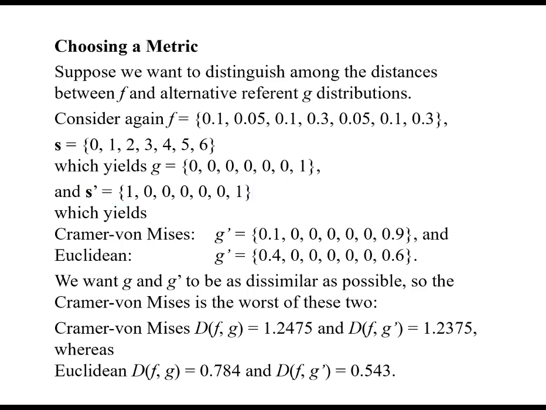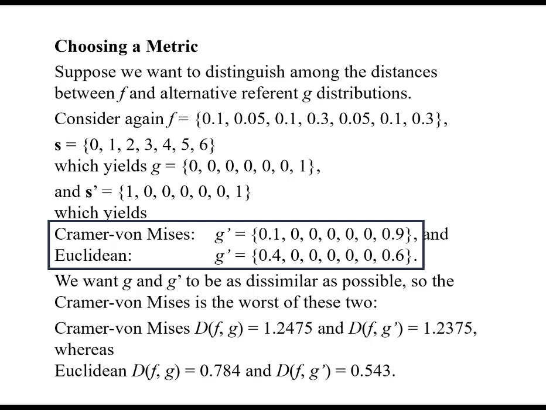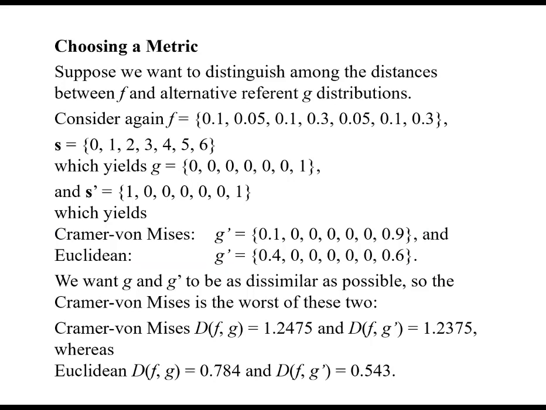If we look at the Kramer-von Mises and the Euclidean referent distributions for G prime, and we want G and G prime to be as dissimilar as possible, it turns out that the Kramer-von Mises distance between F and G and between F and G prime are very similar to each other. So it's not differentiating between those two G's, the G and G prime, very well.